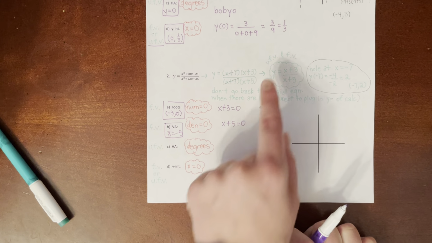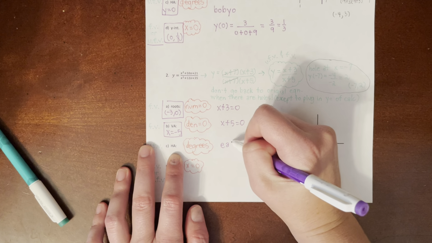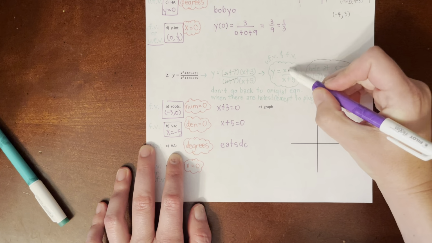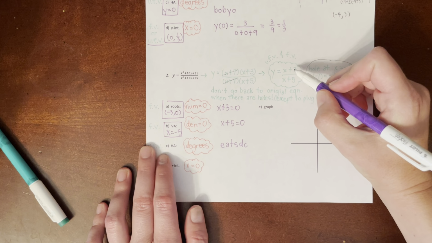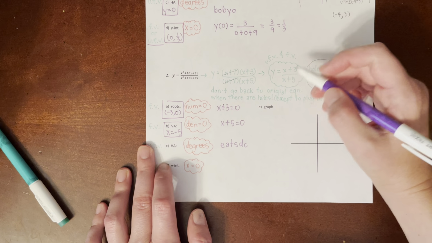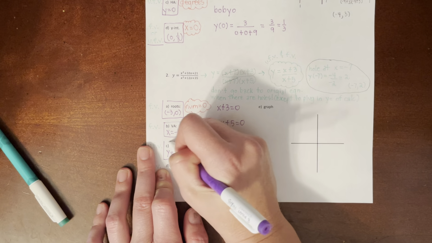Degrees, what do we have? Exponents are the same. We have x to the first, so divide coefficients. What's the coefficient on this x? 1. What's the coefficient on that x? 1. 1 divided by 1 is 1. So there's my HA.